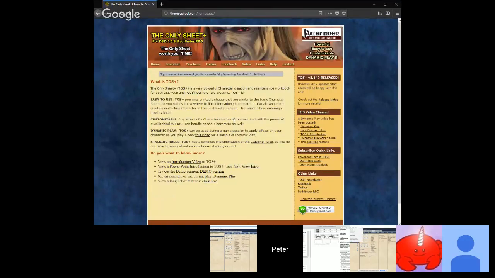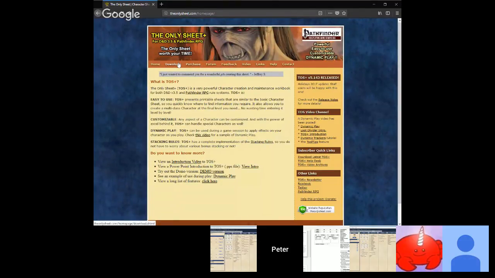Oh, there it is. Yeah, they have found your thing there. God bless the internet. Yeah, you actually have to pay for that. I think I still have a license. Oh, okay. So it's basically a similar version to Hero Lab, where it's a creation and maintenance workbook.